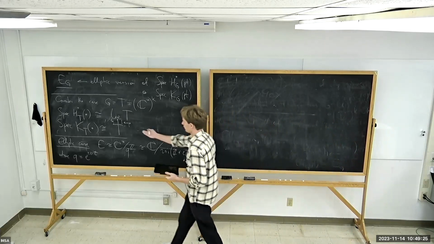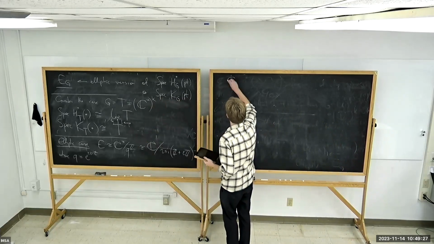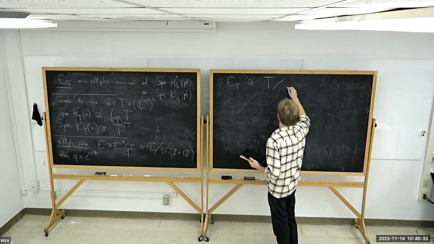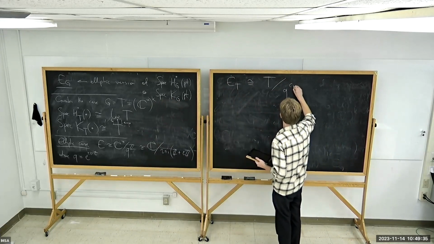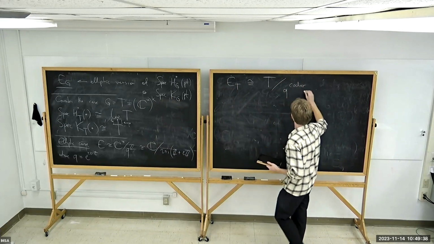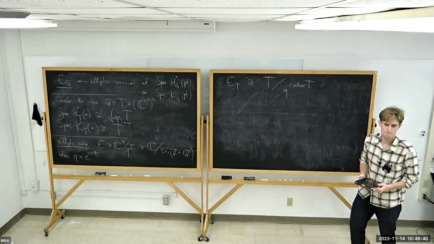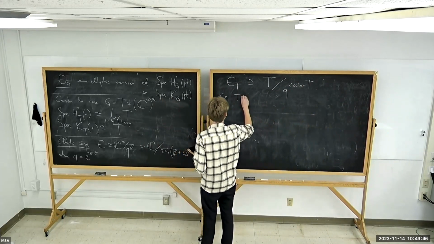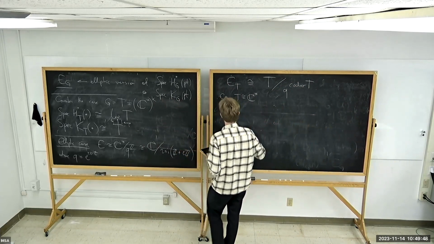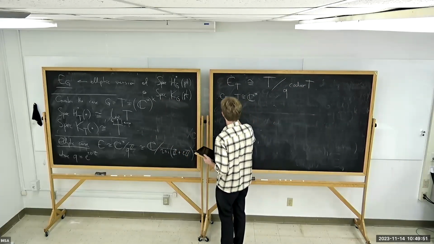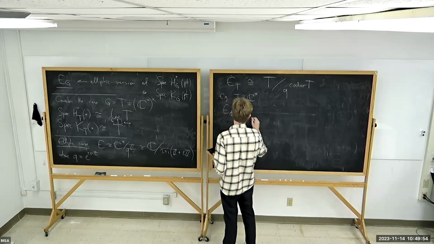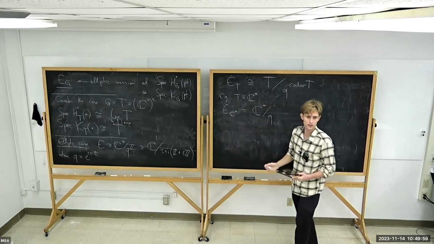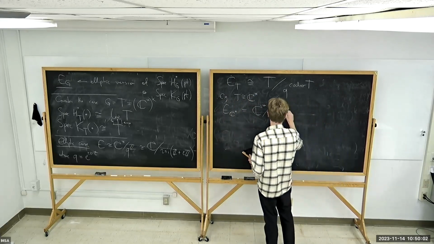Then the elliptic cohomological point, by definition, is going to be C star quotient by q to the power of the cocharacters of T. For example, if T is just C star, then the elliptic cohomological point is just C star quotient q to the power of the cocharacters of C star, which is just Z. So just the elliptic curve itself.